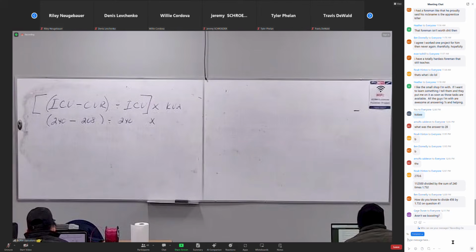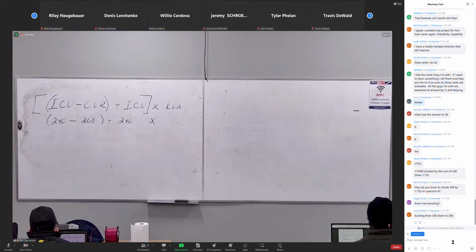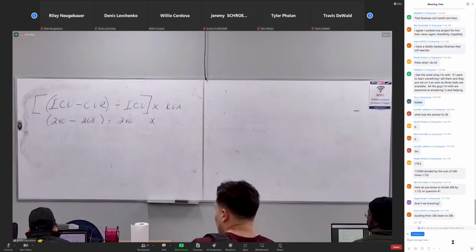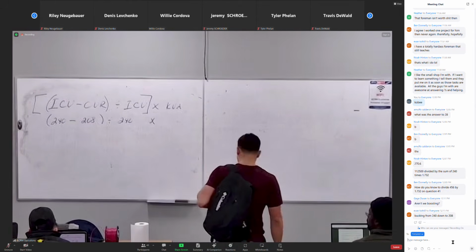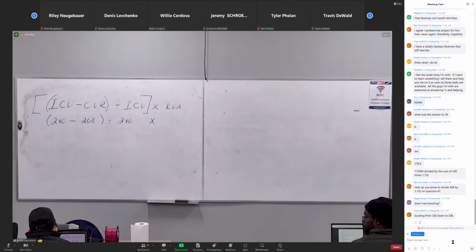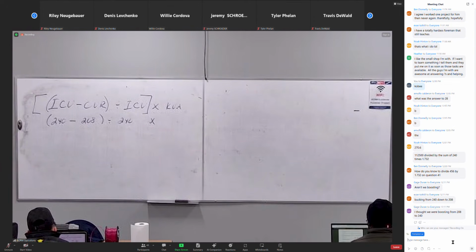Do we know the KVA of the load? Can we solve for the KVA of the load? How do we solve for the KVA of the load? What's the load rated at, voltage wise? 208.